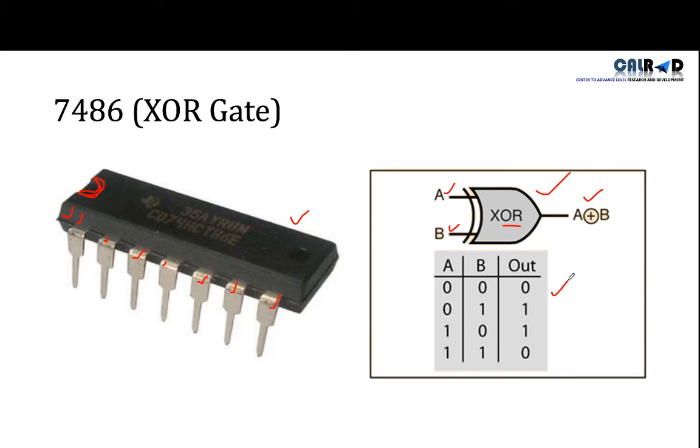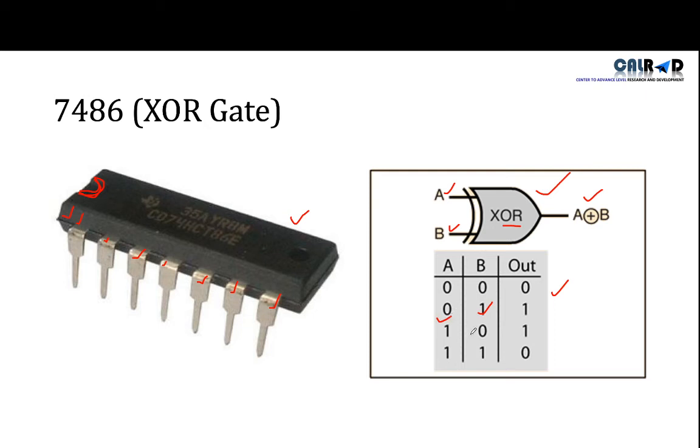According to the XOR gate, in order to get a true output of 1, one of the inputs should be 1 and the other should be 0. If the inputs are the same, then the output will be 0. The output will be 1 only if the inputs are different.